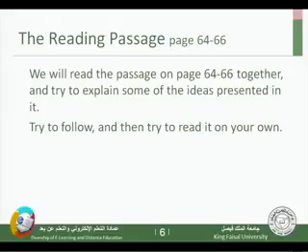Now, we would like to move on to the reading passage on pages 64 to 66. We will read the passage together and try to explain some of the ideas presented in it. I want you to try to follow and then try to read it on your own after we're done. Okay? After that, we'll stop and then go to the next lecture.